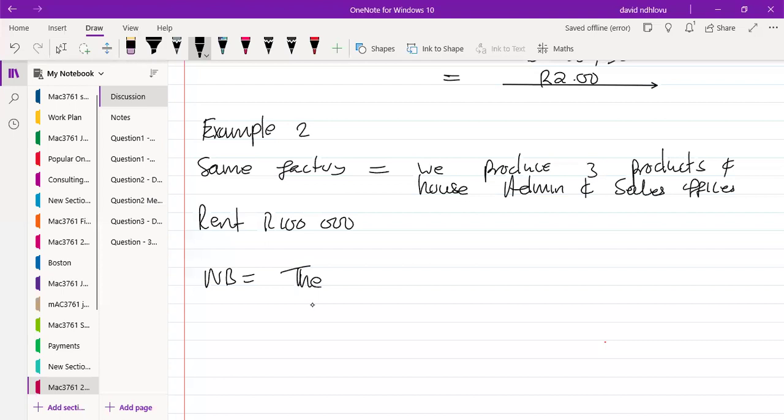The rent amount is not specific to a particular product.